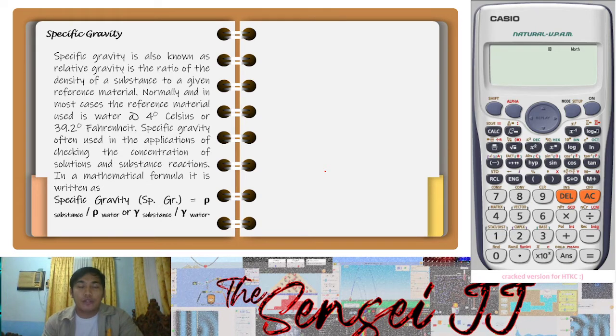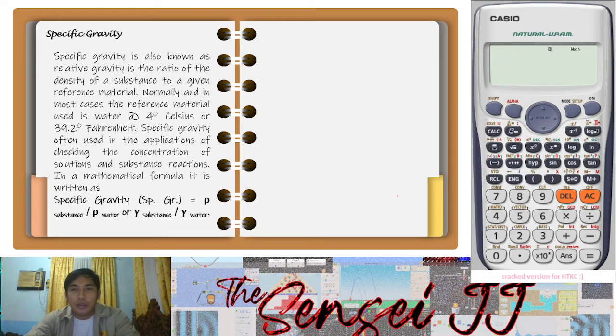The boiling point of water varies with its pressure, which we will be discussing in our future lessons. But for now, we will be using water as our reference material.